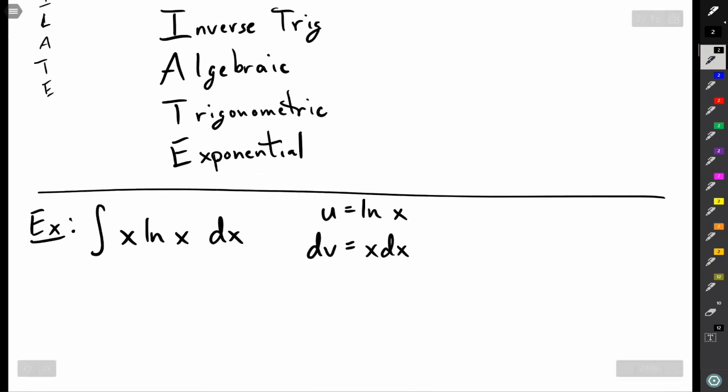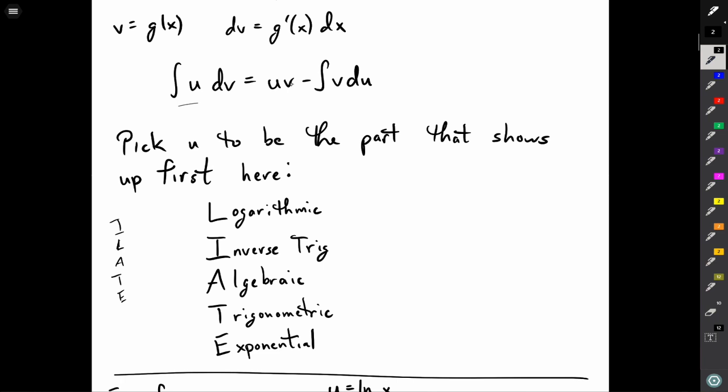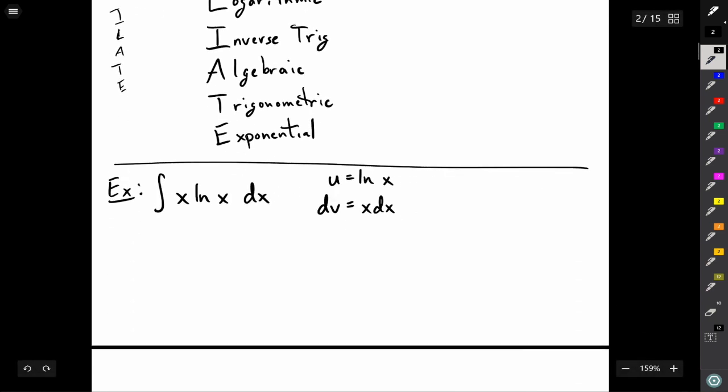Now, applying the formula, we need to figure out what v is and what du is. From u, we get du, which is 1 over x dx. Just differentiate both sides, just like a u sub. And for v, we have to integrate this, so 1/2 x squared. We don't actually have to add the plus c to the v here, much like when we're doing the fundamental theorem of calculus.